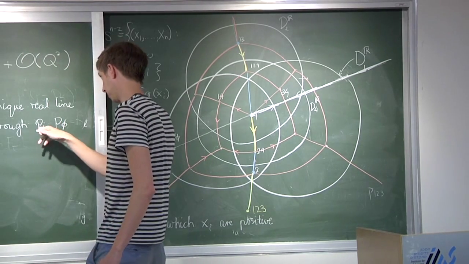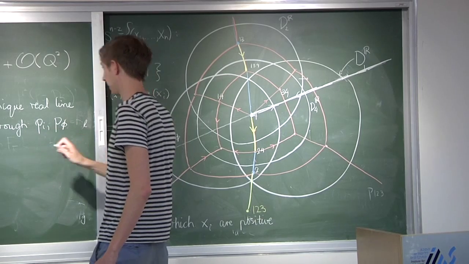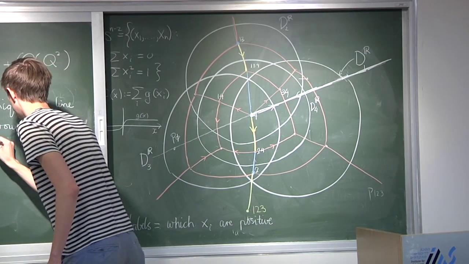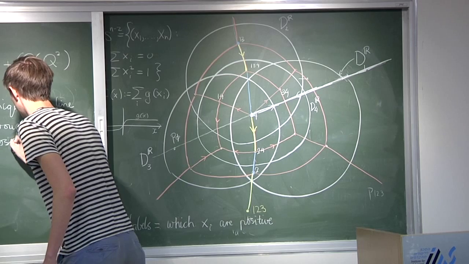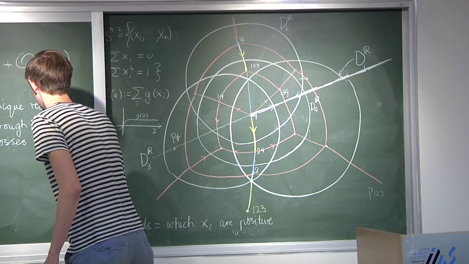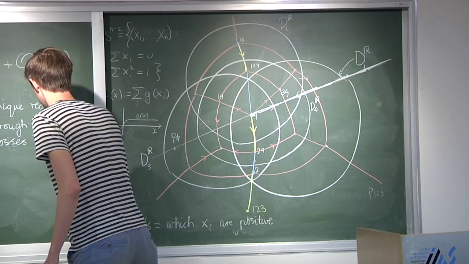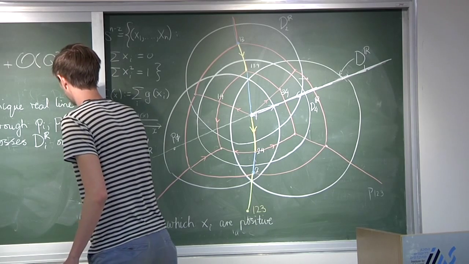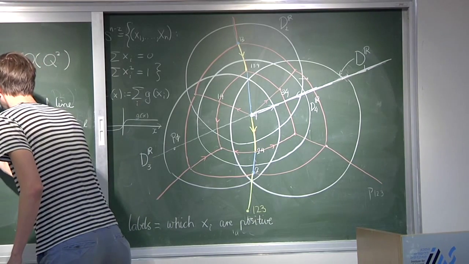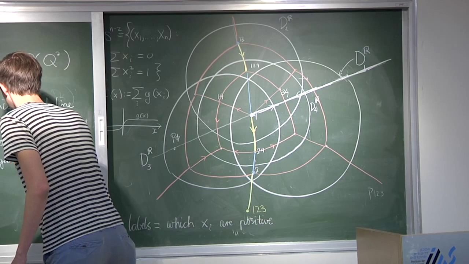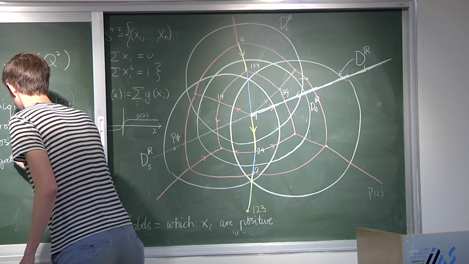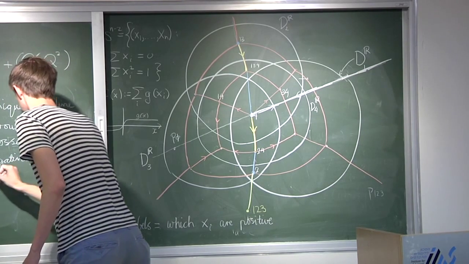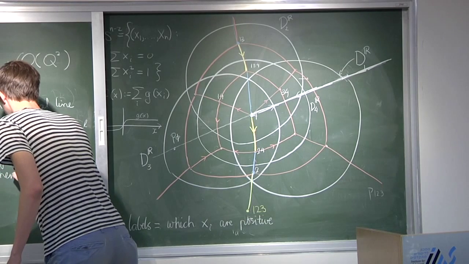So in particular, you get the unique real line through Pi and P phi, and it crosses Di once negatively and all the others positively.